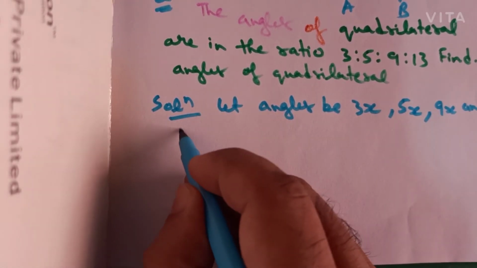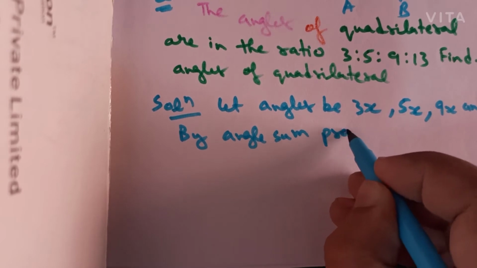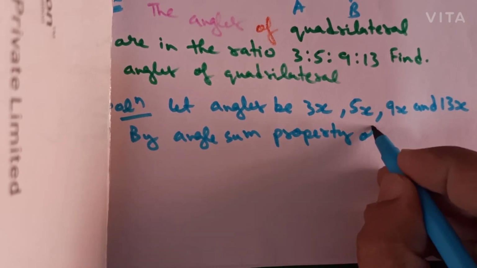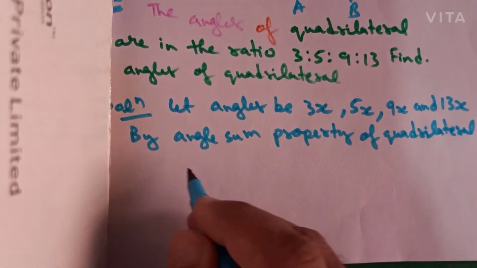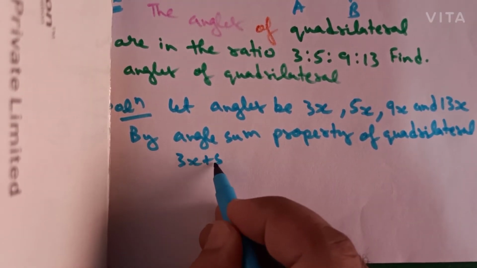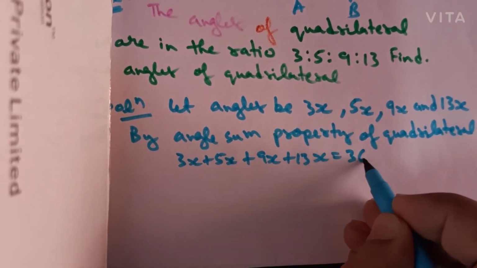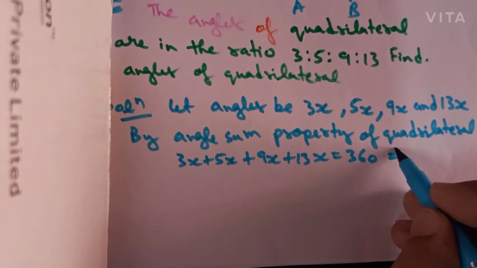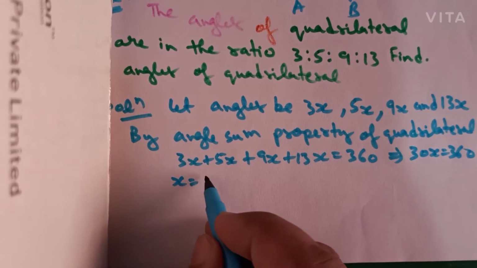By the angle sum property of a quadrilateral, the sum of angles is equal to 360, that is 3x plus 5x plus 9x plus 13x equals 360 degrees. So 5 plus 3 is 8, 8 plus 9 is 17, plus 13 is 30, which implies 30x equals 360. That means x equals 360 upon 30, that is x equals 12.